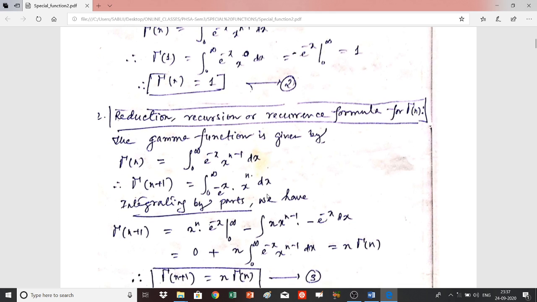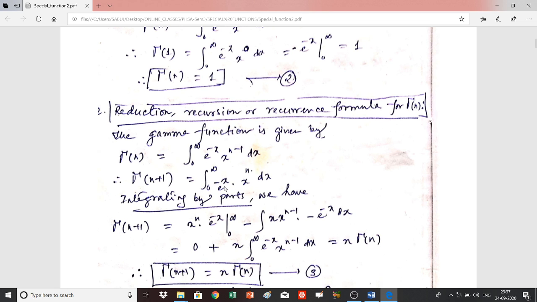Now your job is to integrate this integral by the method of integration by parts.